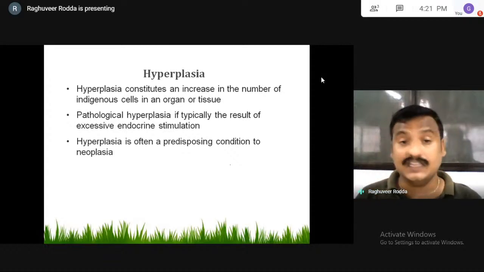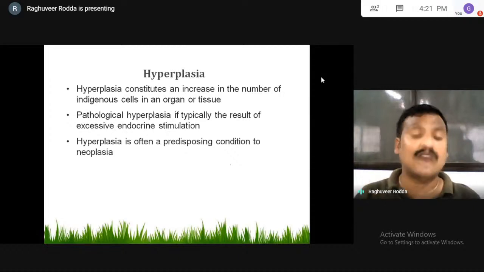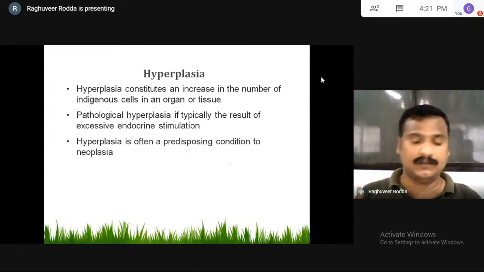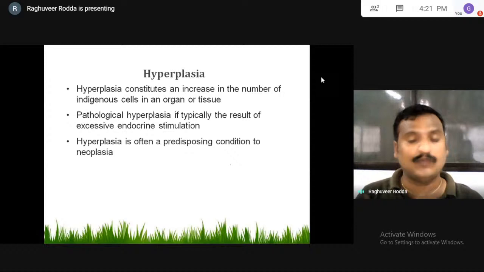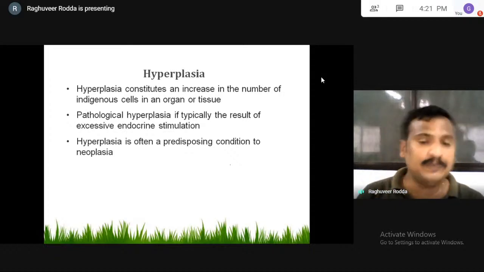The basic reason is endocrine gland stimulation, hormonal stimulation. Generally, during adrenocorticotropic hormone stimulation, adrenocorticotropic hormone is released excessively by the adrenotropes of the pituitary gland.